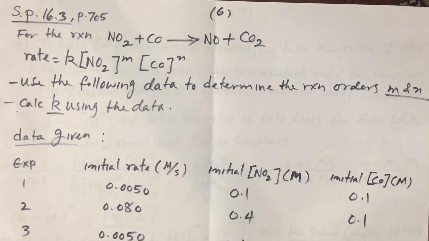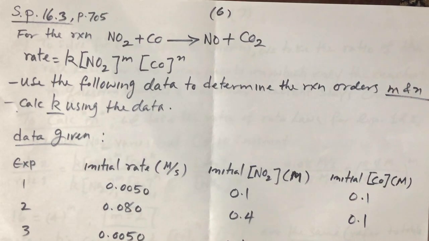Now, for the reaction that we have here, this is a combination reaction between NO2 and carbon monoxide to produce NO and CO2. That's a sample problem on page 705, sample problem 16.3.